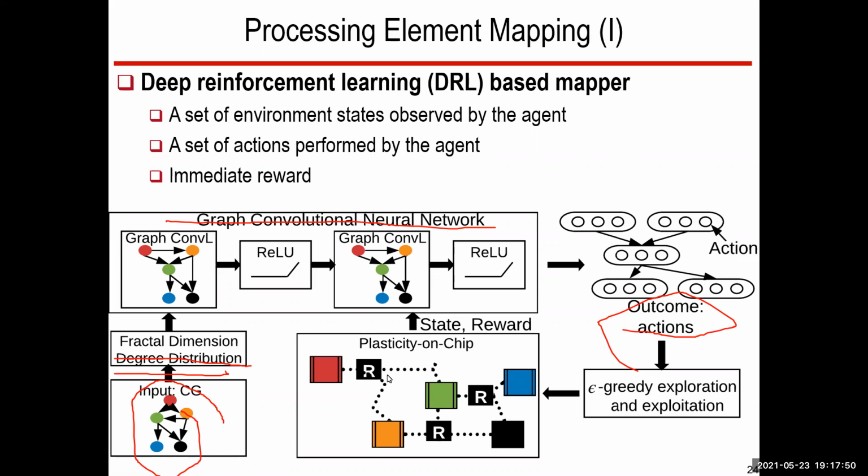The graph convolutional neural network acts as an agent to receive the states and rewards from the environment, which is plasticity-on-chip, and output actions to act on the environment.